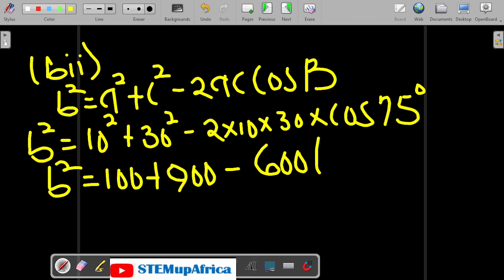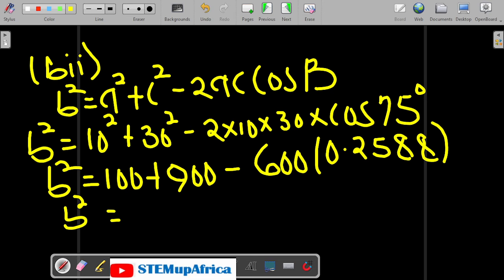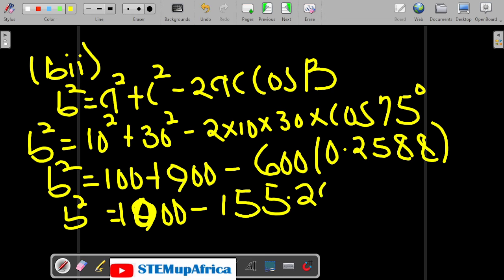So what's the value of cos 75? Cos 75 will give us 0.2588. So if I add up, b squared equals 1000, sorry, not 900, 1000, minus 600 times that value, which will give us 155.29.